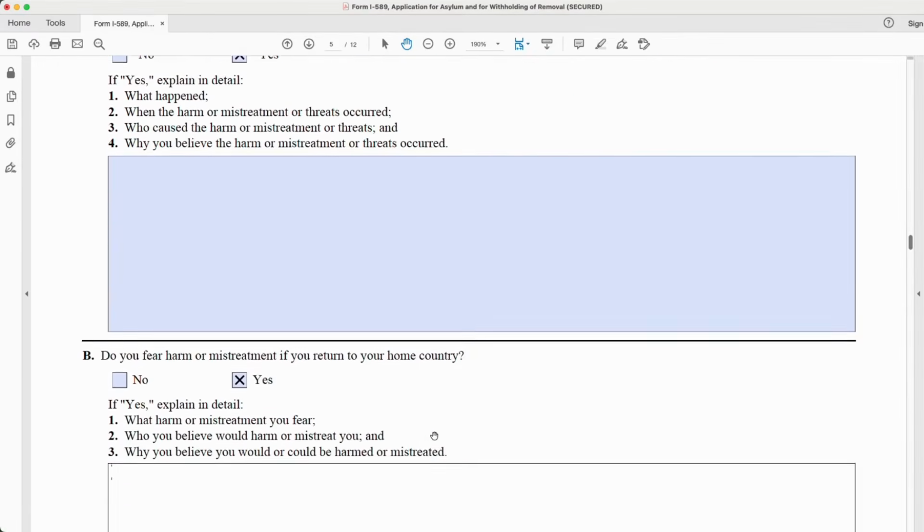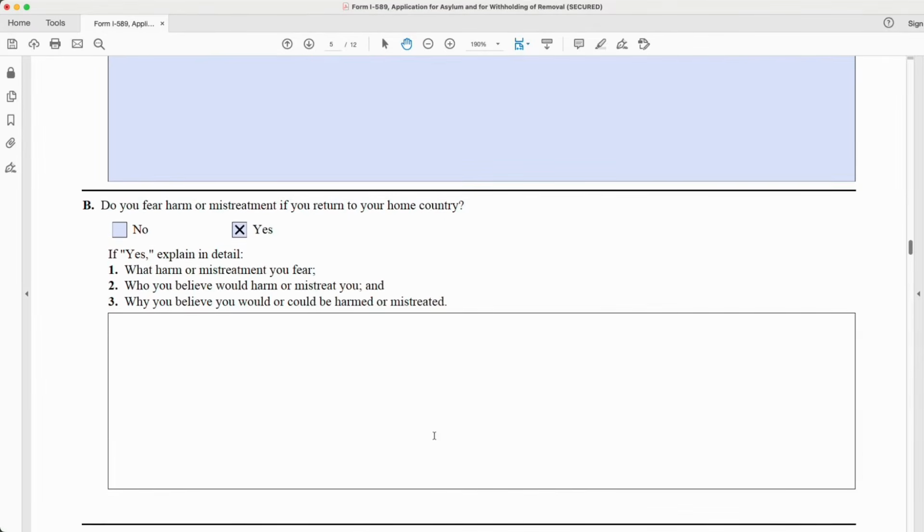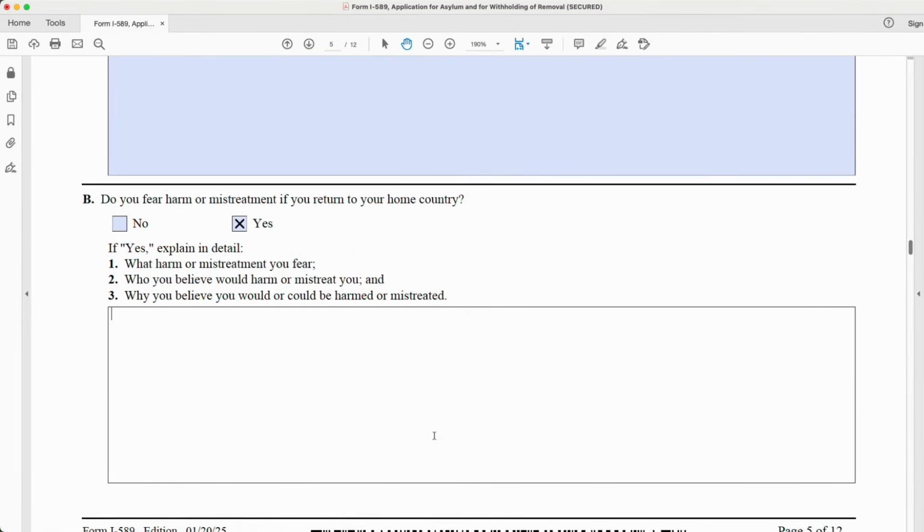If you would not be safe in any other part of your country, you can say that and explain why. And if you think the police could not or would not protect you, you can explain why. And again, if you need more space, you can use that extra page at the end, Supplement B, or add an additional written declaration.